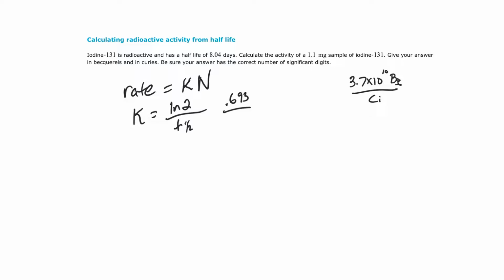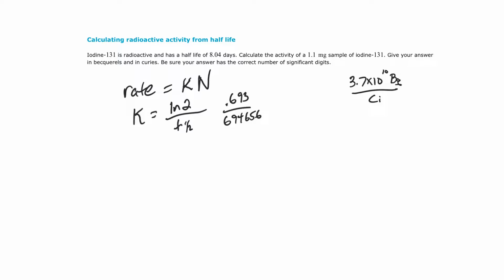Your half-life has to be in seconds. So I'm putting 8.04 in the calculator, days. Now I want seconds. So I'm going to multiply by 24 hours in a day. Now I'm in hours. Times 60 minutes. Now I'm in minutes. Times 60 seconds. Now I'm in seconds. So this is going to be 694,656 seconds.